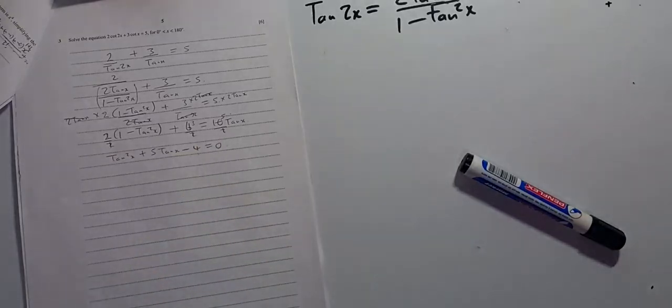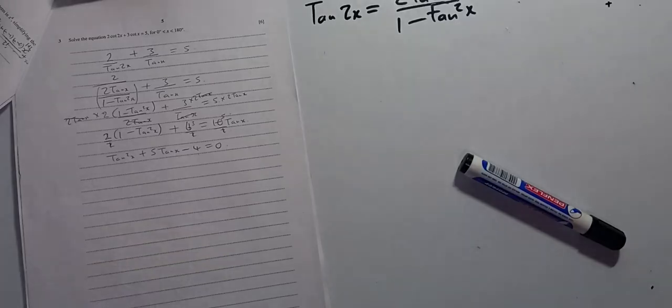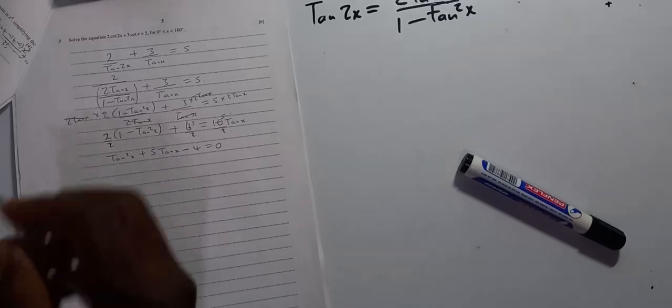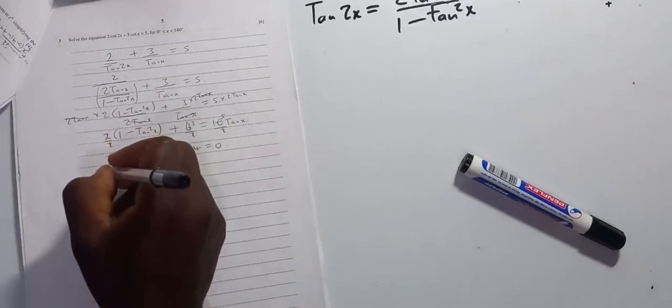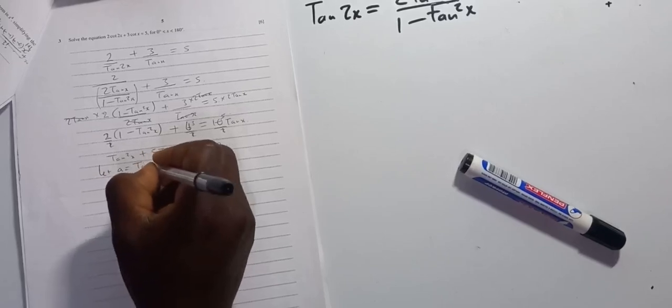Like that. Now we have a quadratic equation, and we don't have factors of minus 4 that give us 5. So what we have to do is use the quadratic formula to solve this equation. First, let a be equal to tan x.